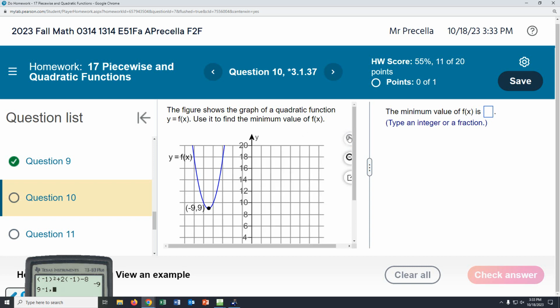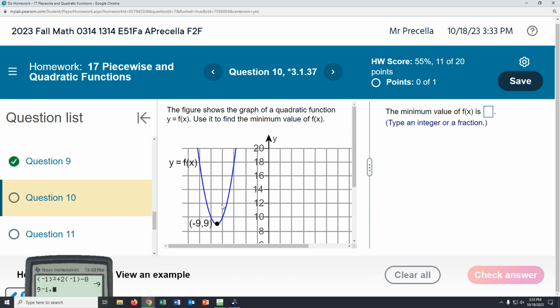See, this parabola is opening up, and so the vertex, would y'all call that a maximum or minimum? It's a minimum. It's asking you to find the minimum value of f of x. F of x is just a fancy way of saying what letter? For an ordered pair, f of x is another way of saying what letter?